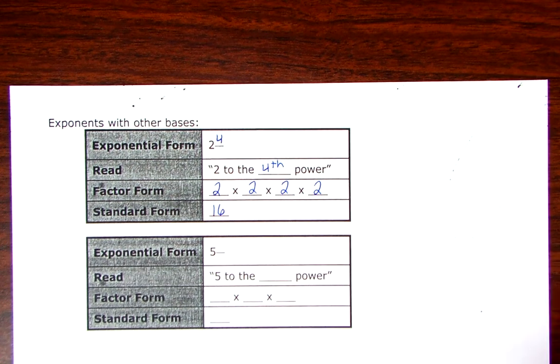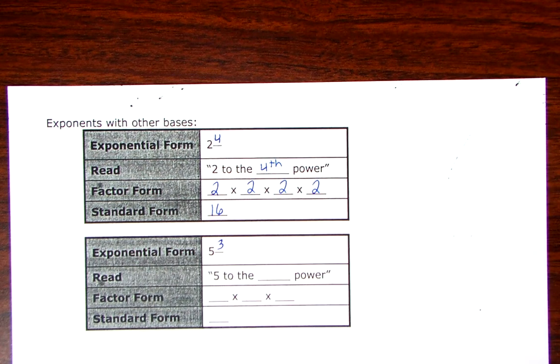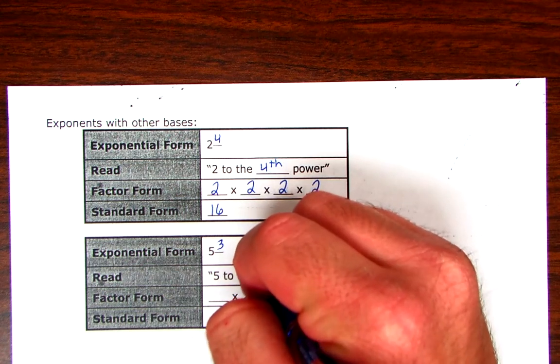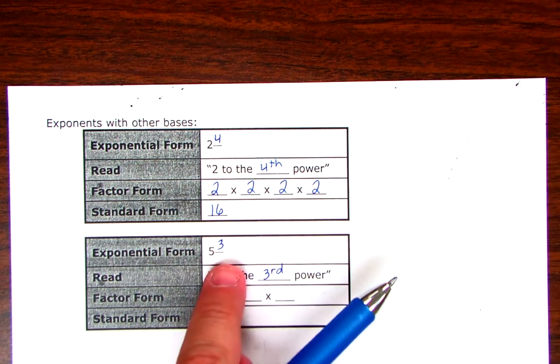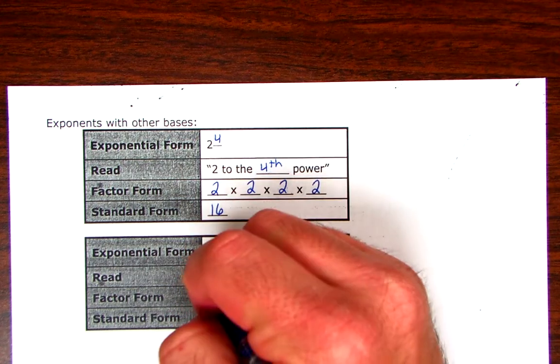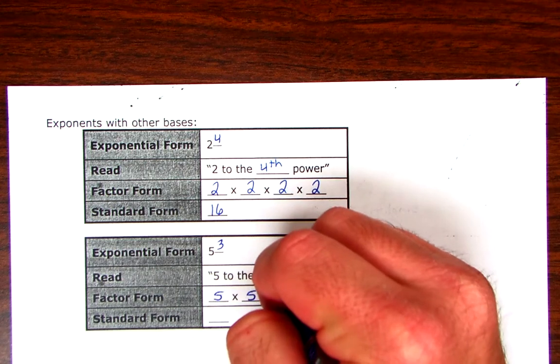Now let's say I have this example. How would you read that? That would be 5 to the 3rd power. What is your base? Good, your base is 5. And how many 5s should I have? 3 of them. So that's 5 times 5 times 5.